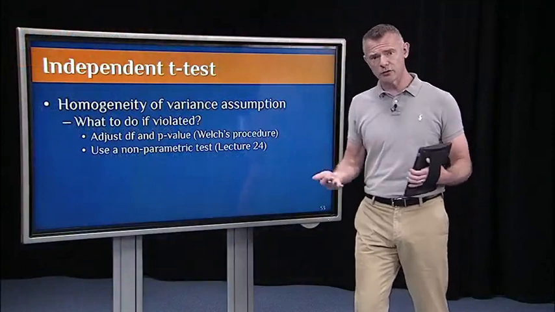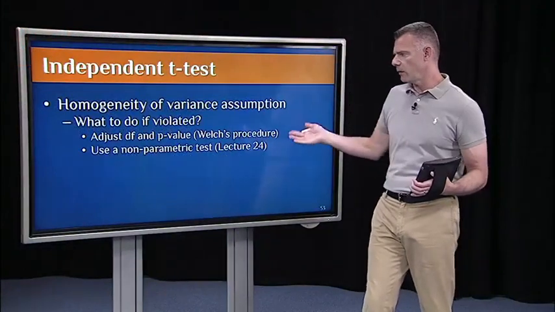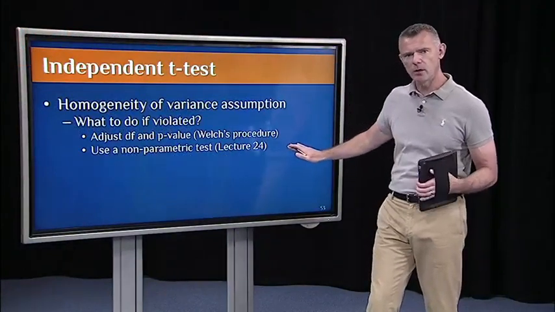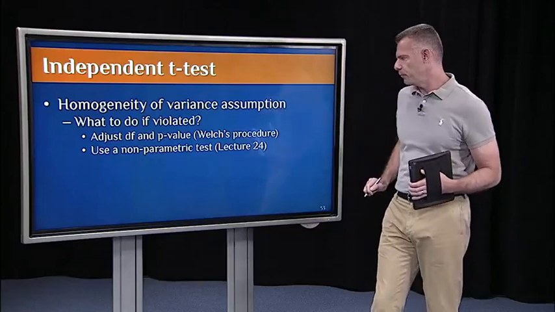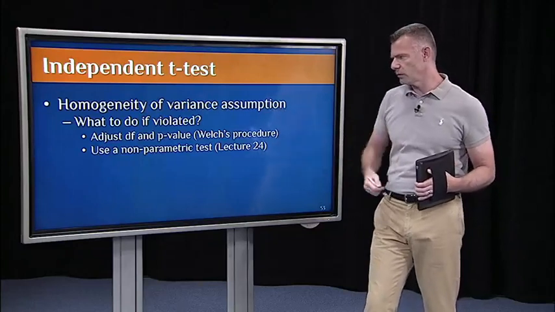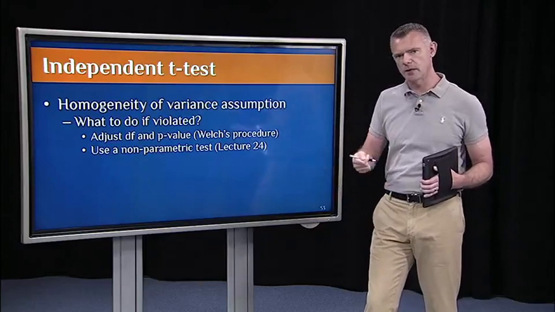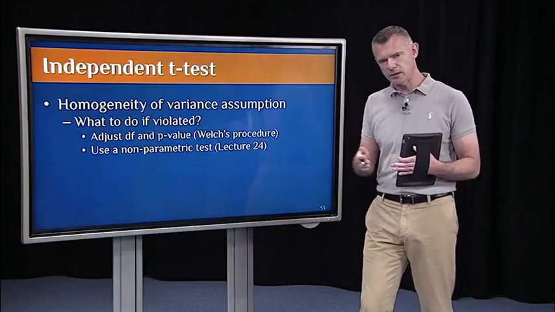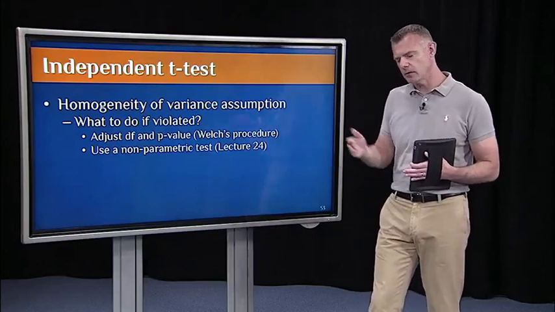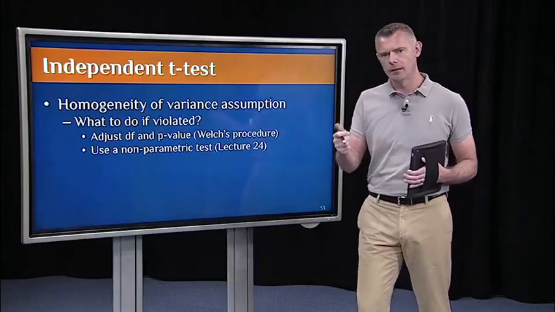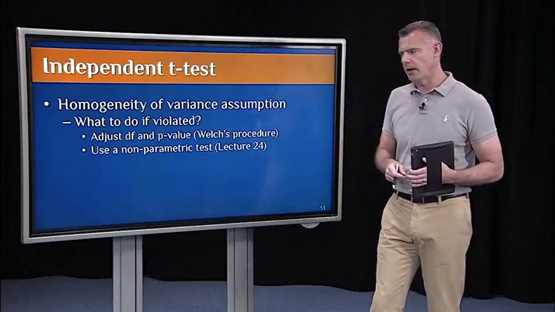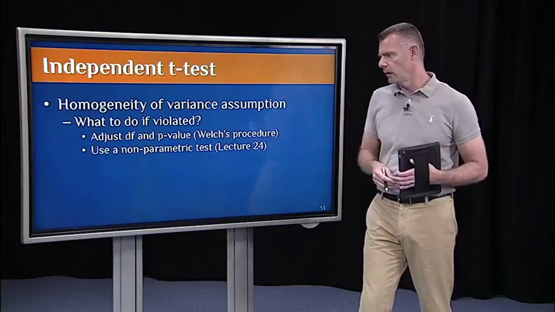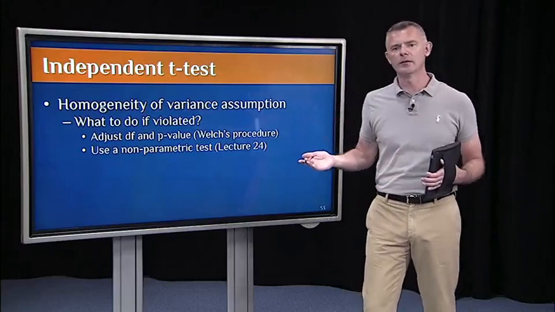But procedurally, what do you do? Well, there's a simple procedure that we're going to do in lab called Welch's procedure, where we're just going to adjust the degrees of freedom and the p-value so that we can protect ourselves against this increased probability of type 1 error that's often associated with violations of homogeneity of variance. Or you could take a radically different approach.